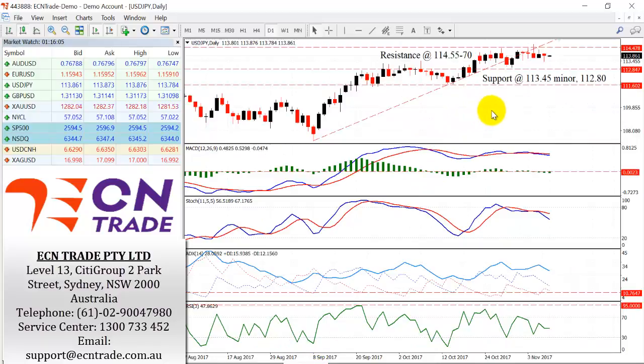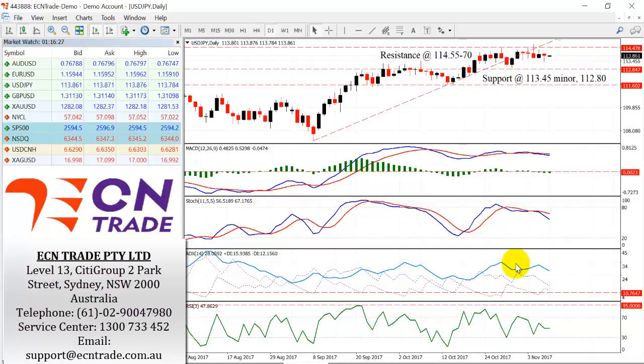Since the rejection in dollar yen of that 114.55 to 70 level, the market is pretty much focused on the downside, given that the technical implications are still negative. We did get a low overnight of 113.38, so it did take out the support at 113.5.